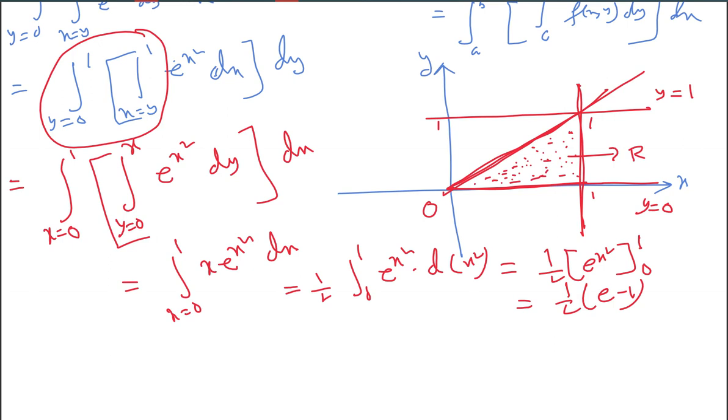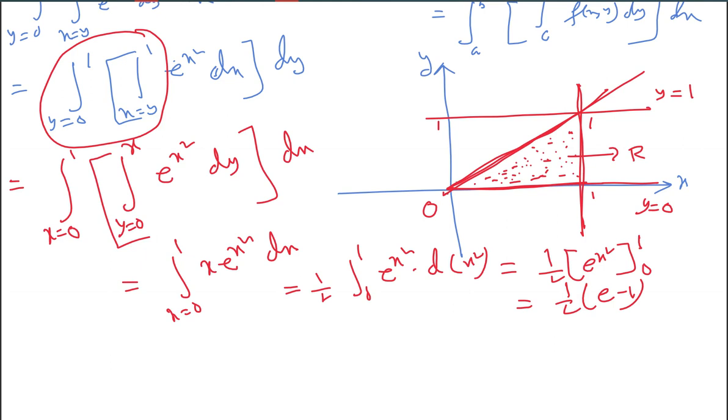Now I would like to integrate by changing the order. Here the y limit is given constant; I will change it so that the x limit is constant. I can write the same thing in a different way. I will first vary x from 0 to 1.